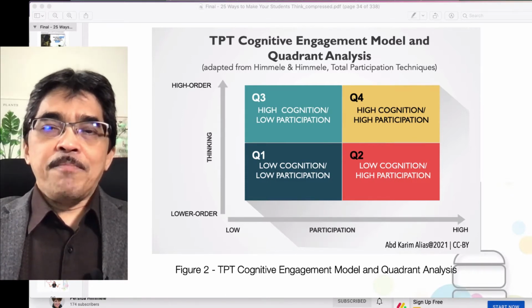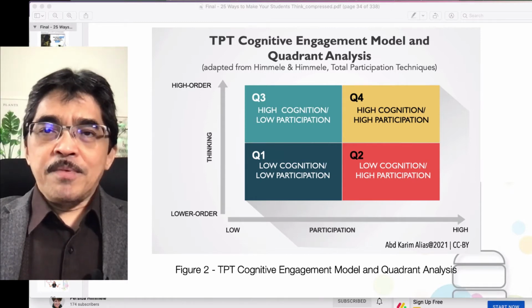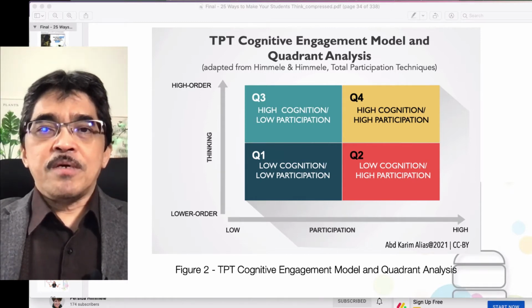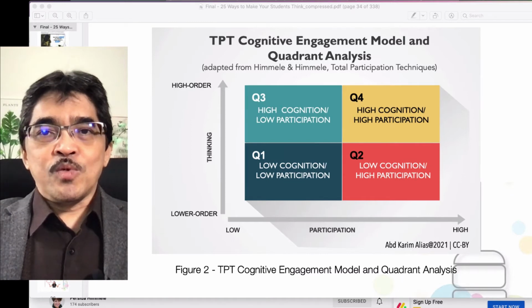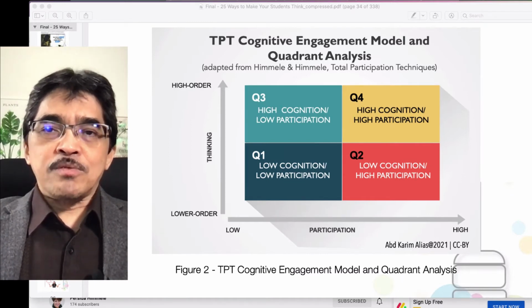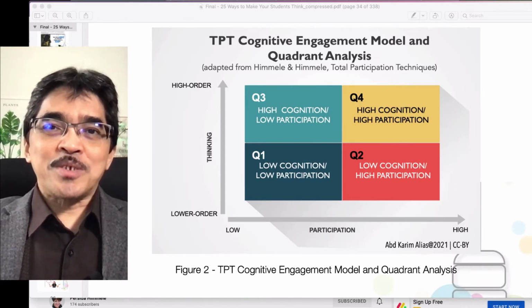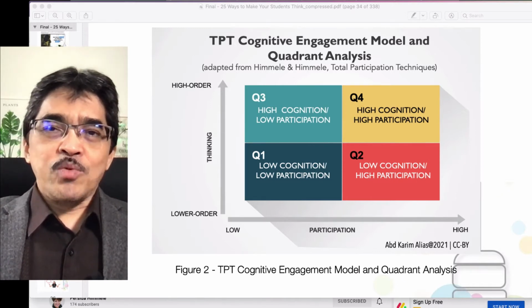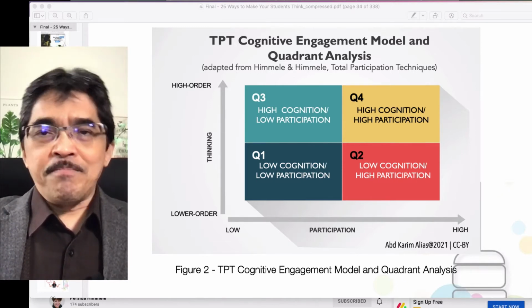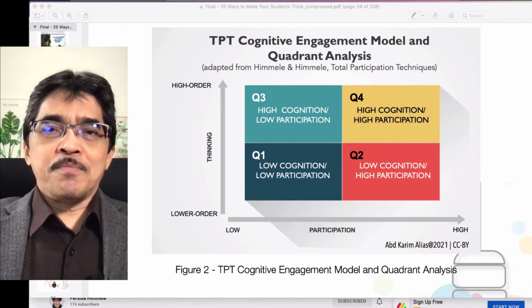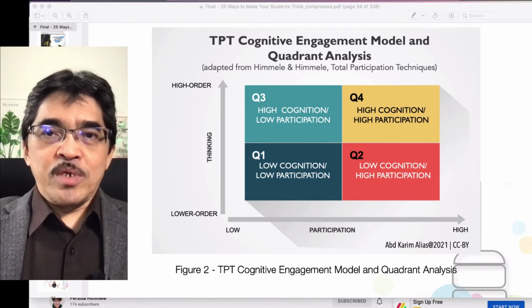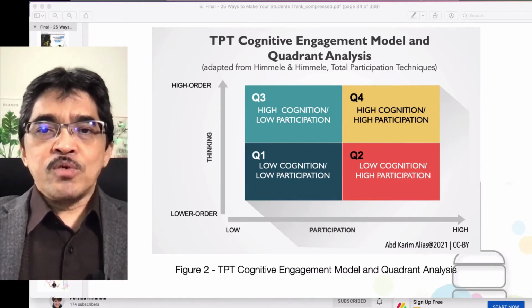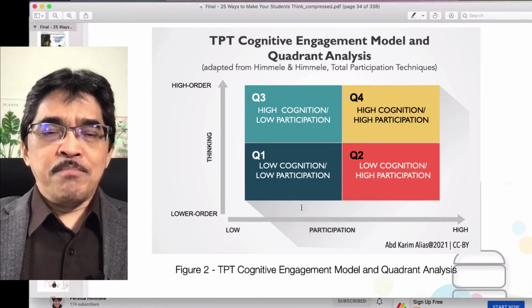By the way, this diagram is from my ebook, 25 Ways to Make Your Students Think, and I would also encourage you to get hold of this book, because in it you will find 25 ways you can adopt and adapt immediately in your course in order to engage students cognitively.